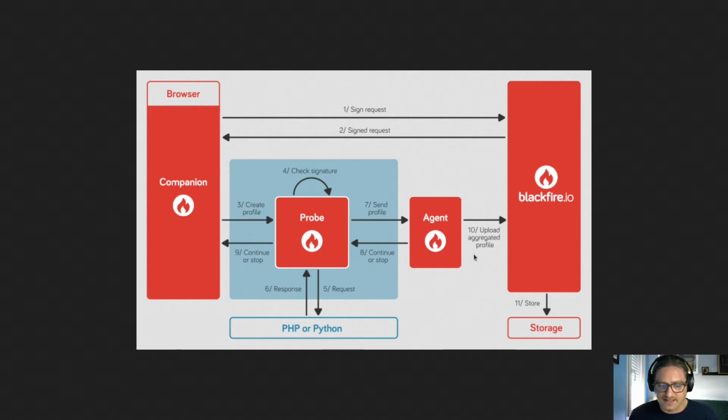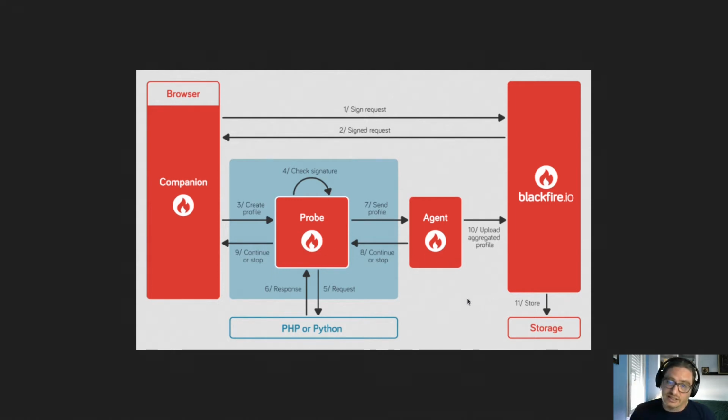The second thing we need to install is called the agent. This is a service or daemon that runs on your computer, within a container, or on your production machine. It just sits there and waits. And when the probe is finished collecting all the measures, it sends them to the agent.